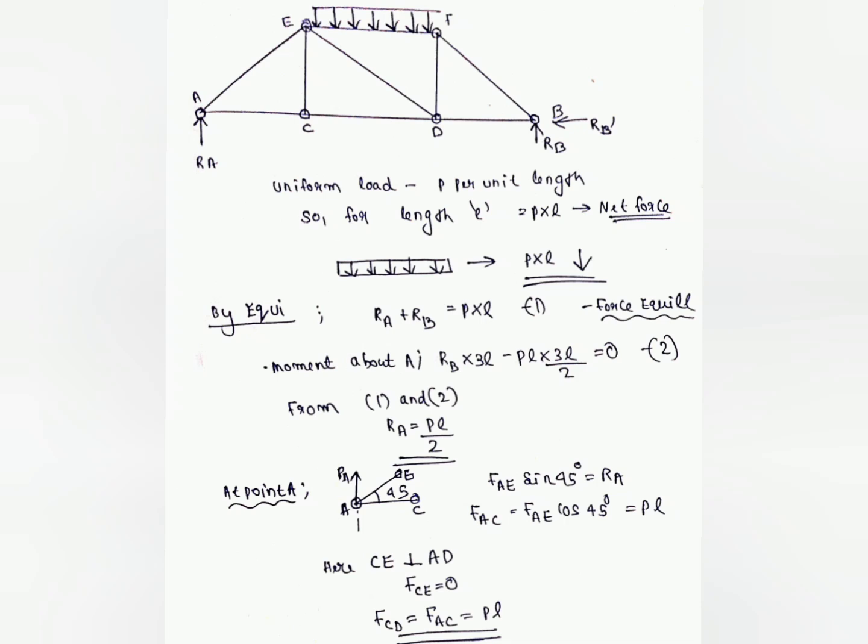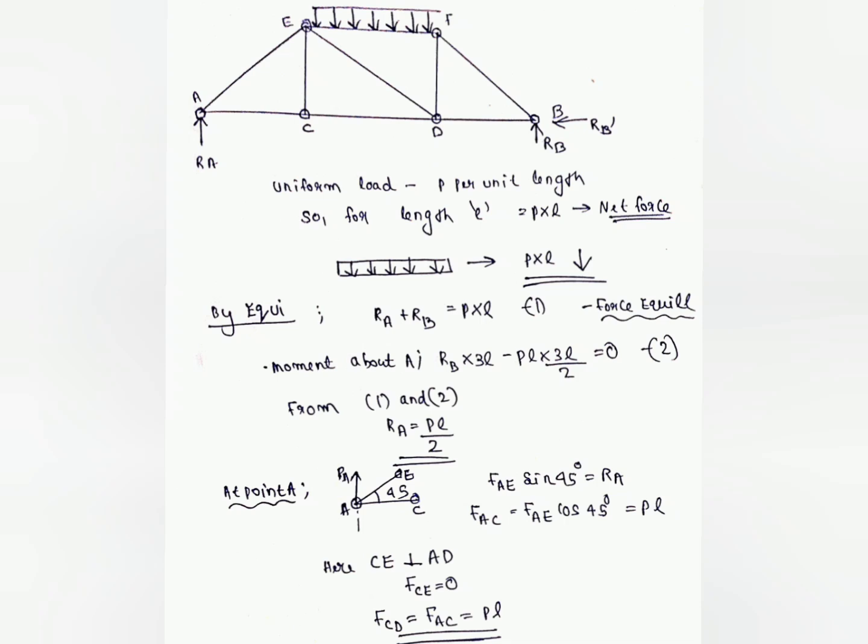So considering the joint C, CE is perpendicular to AD. There is a law in engineering mechanics that if three links are joined, the link which is perpendicular to the other two, which are in line, carries zero force. Here AC and CD are in line, along the same line, and the only member perpendicular to both is CE. So the force along CE will be 0. That is the law of mechanics.